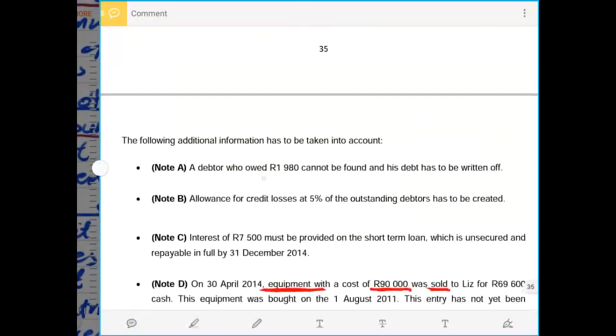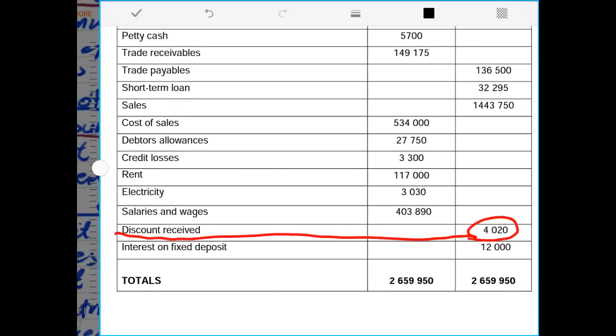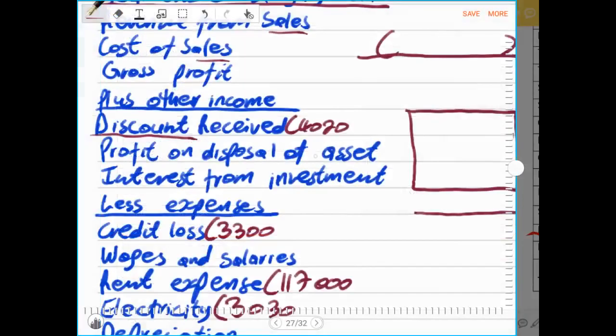Discount received is treated as income. So now I made a provision of 420, because there might be a profit or a loss on the disposal of the asset. I made a provision for the profit because I already know that it is a profit on the disposal. However, when you are not sure, you can also make a provision under expenses for the loss.